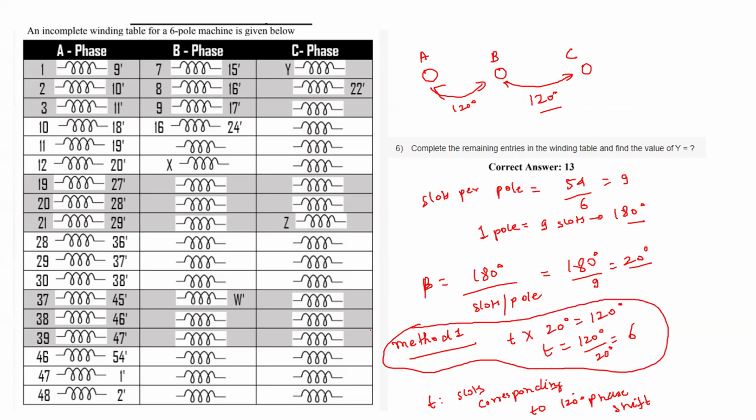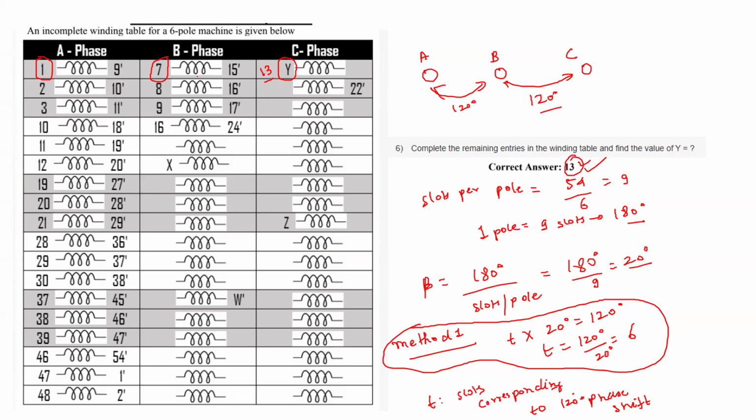So here you will see that 1 plus 6, which is the slot difference for 120 degrees, gives us 7. So 7 plus 6 will be how much? 13, right? Yes. So that is why the correct answer is 13. So y corresponds to 13.